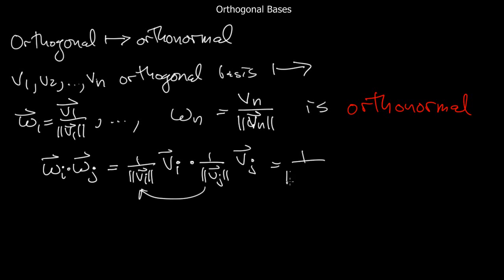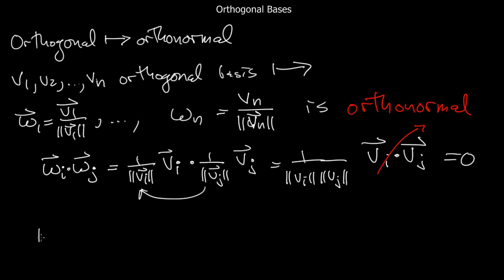So you can combine them to get 1 over the length of Vi times the length of Vj times Vi dot Vj. And as long as i is not equal to j, this is 0. The scalars, these lengths that you've multiplied by, don't really do anything. That's clear. On the other hand, if you take the length of the ith vector Wi, well, let's square it. That's easier.